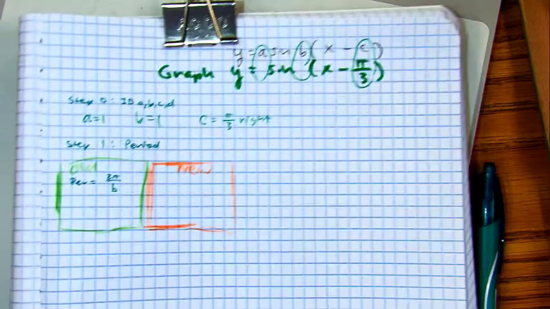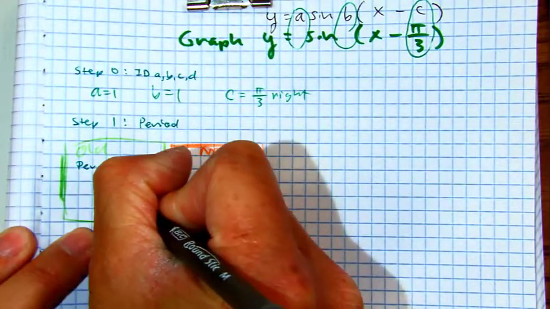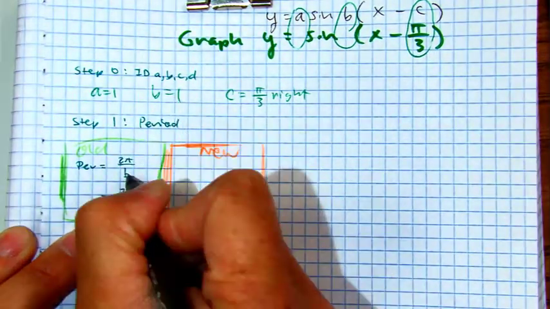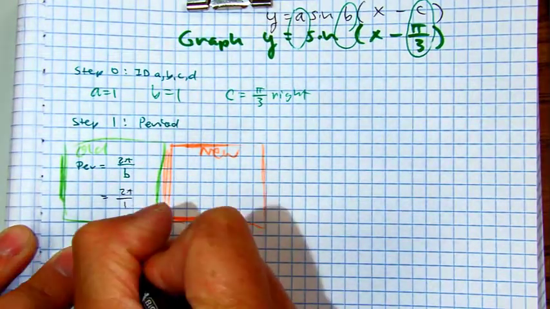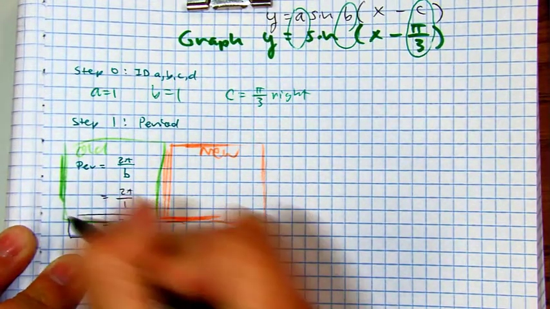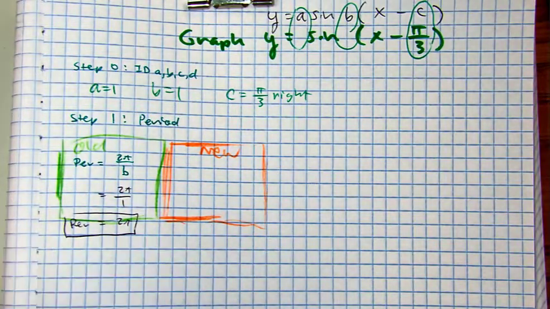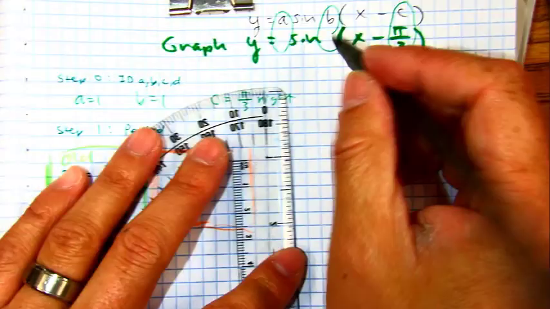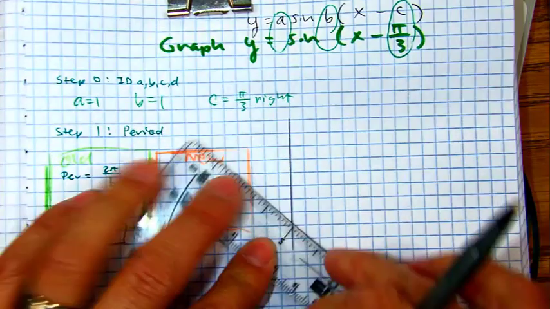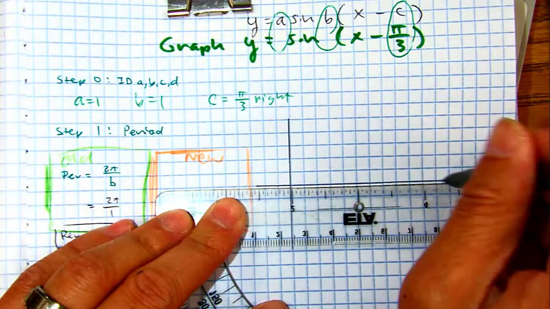Alright, let's use the period now. If I just put in your b value of 1, your period is just going to be what? Okay. This here told me where to start and where to end, right? We normally did something like this.